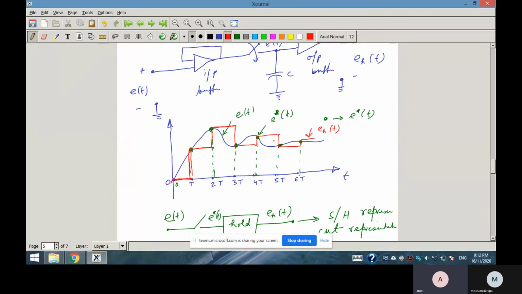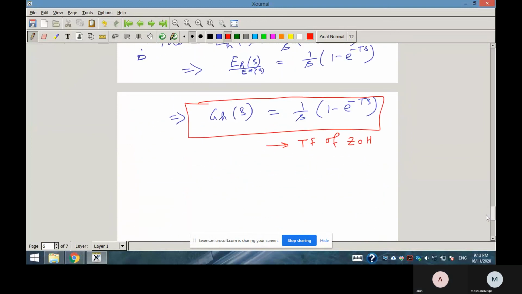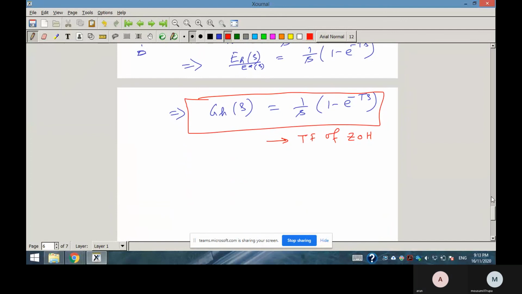It is not like that order is zero. Order zero means, this is the transfer function of the hold function, 1 by s into (1 minus e to the power minus Ts).